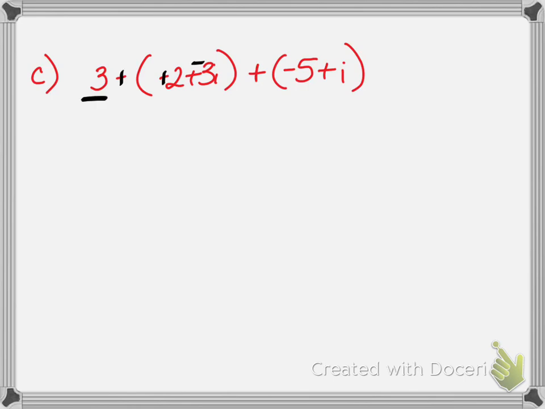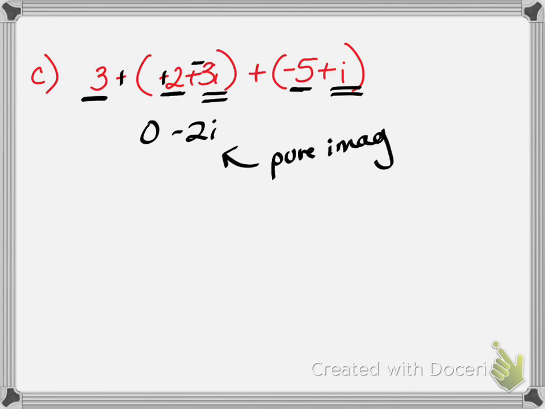So the real parts, there's a 3, a 2, and a negative 5. 0. Imaginary parts, you got a negative 3 and a positive 1. And this is called a pure imaginary because the real part has subtracted off or become 0. I can't remember what the real one is called. I don't think it's a pure real. That sounds wrong for some reason. But that is called a pure imaginary.